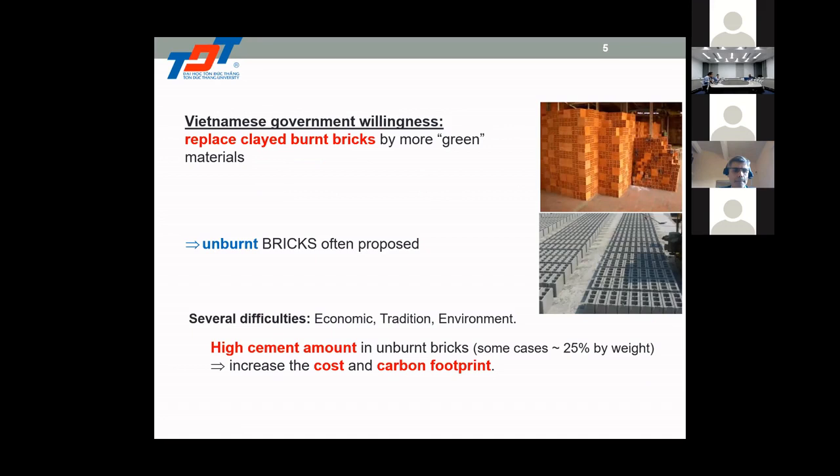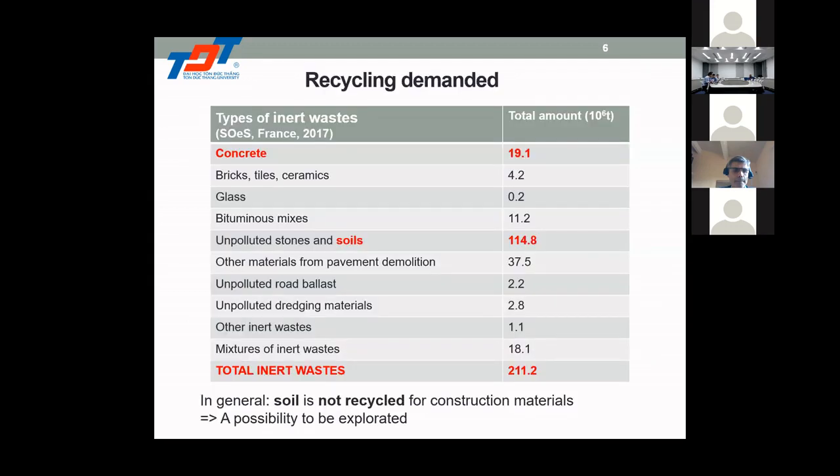For example, a high cement amount is usually used in unburnt brick. In some cases that can reach 25% by weight, thus increasing the cost and the carbon footprint.